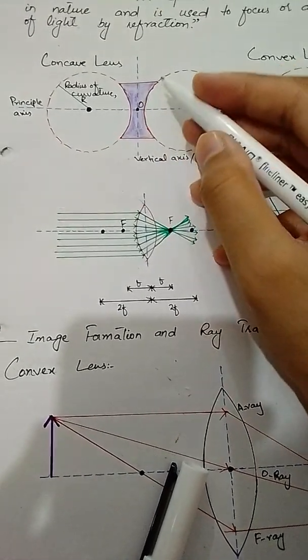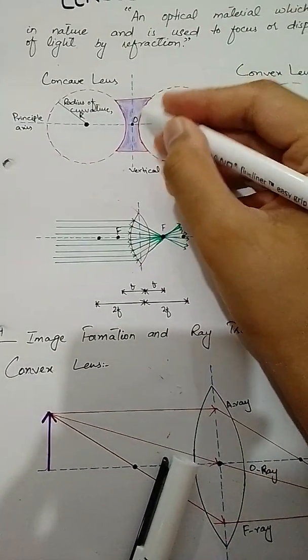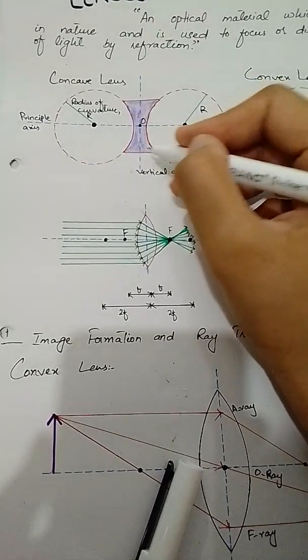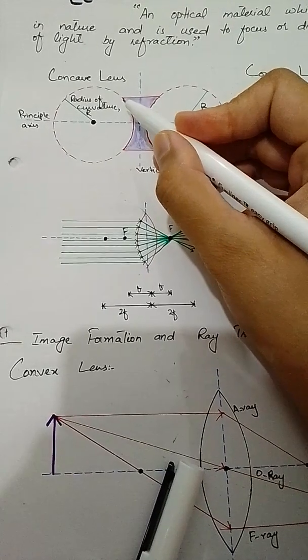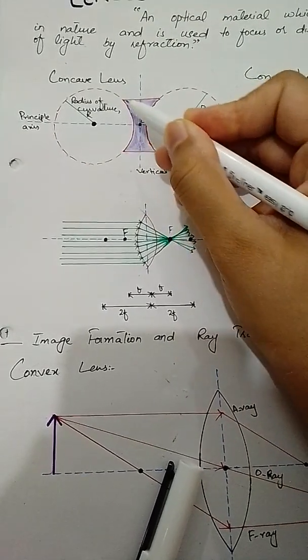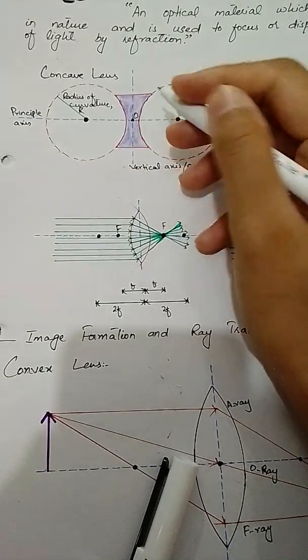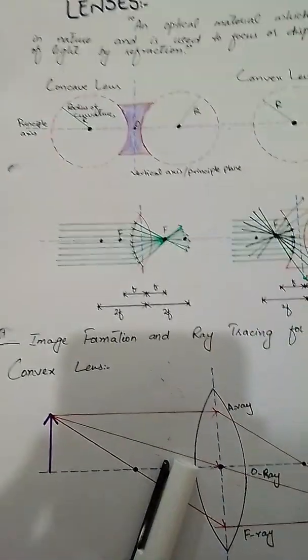You can see the space between these two circles. Here the central part is thinner than the edges, so it is called the concave lens. You can already see the caves made here. From here it looks like a concave lens, and from here again it looks like a concave lens.